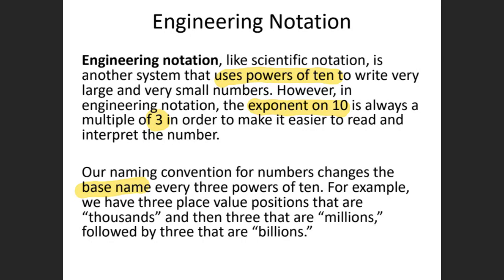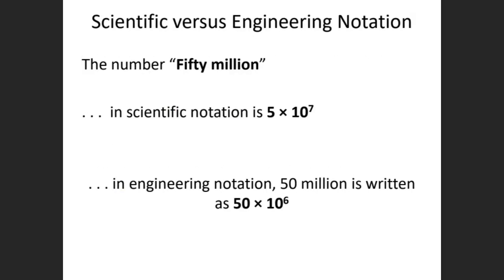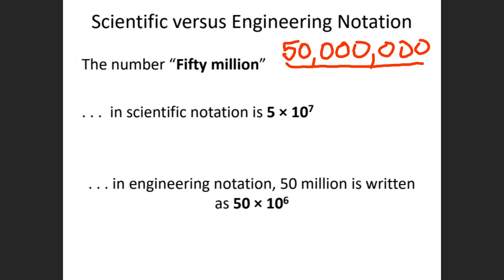This is a perfect example. This says 50 million. 50 million. Well, in standard notation, we would have had, in this case, 50, comma, 1, 2, 3, 1, 2, 3. This is standard notation.